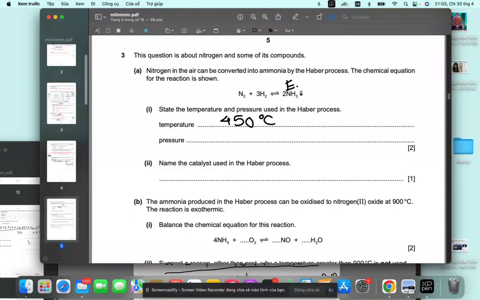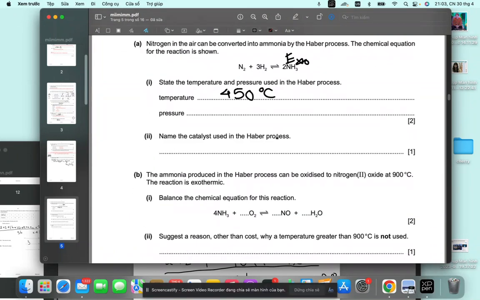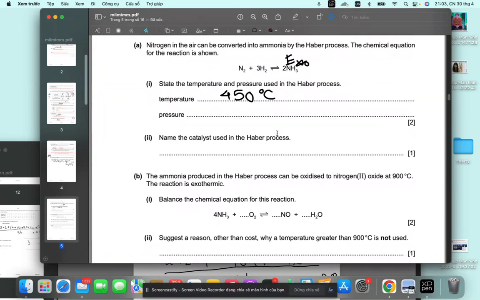We know the forward reaction is exothermic, so we need the low temperature for the highest yield. Yes, and the pressure would be 200 atm.